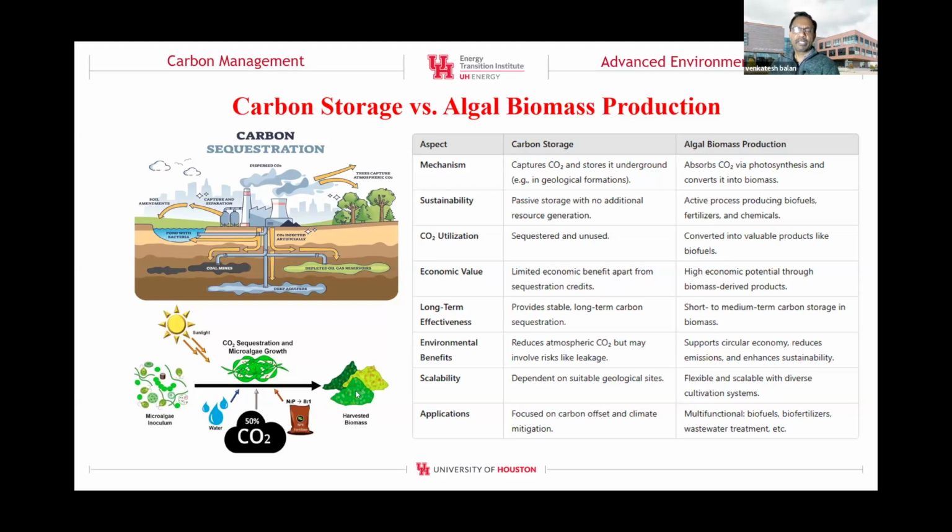This can be further processed into fuels and chemicals. Whereas in the case of carbon storage, we just store it in the ground. There is no use for this carbon. In some cases, some of the carbon is used for oil and gas extraction purposes, but most of the time it's stored in the ground without economic value.